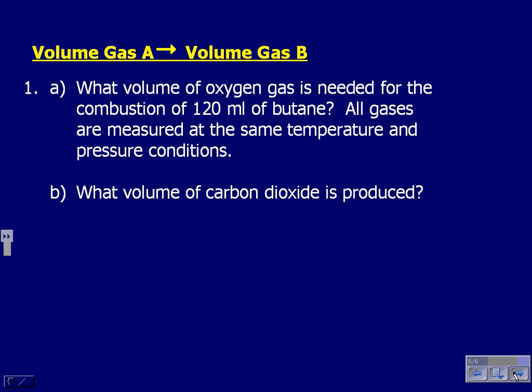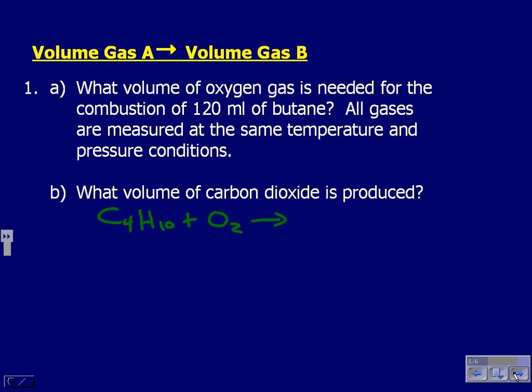Butane, though, I did put the formula on the board last time. It is C4H10. And we are combusting it. And goodness gracious, I'm hoping we know what the products of combustion of a hydrocarbon are by now.